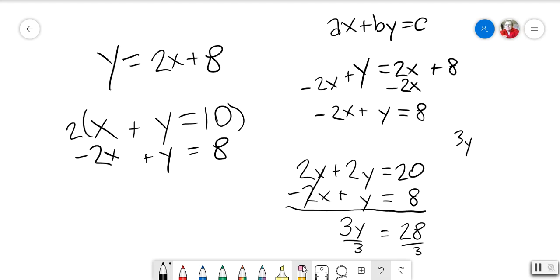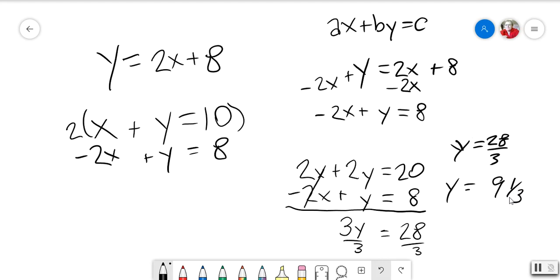Let me erase that. I am going to get 3y equals 28, so y equals 28 over 3, or 3 times 9 is 27, so that's 9 1/3.